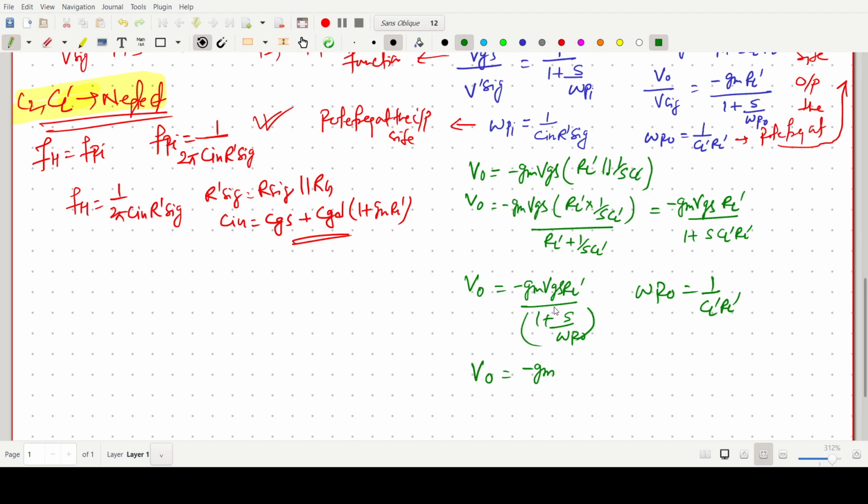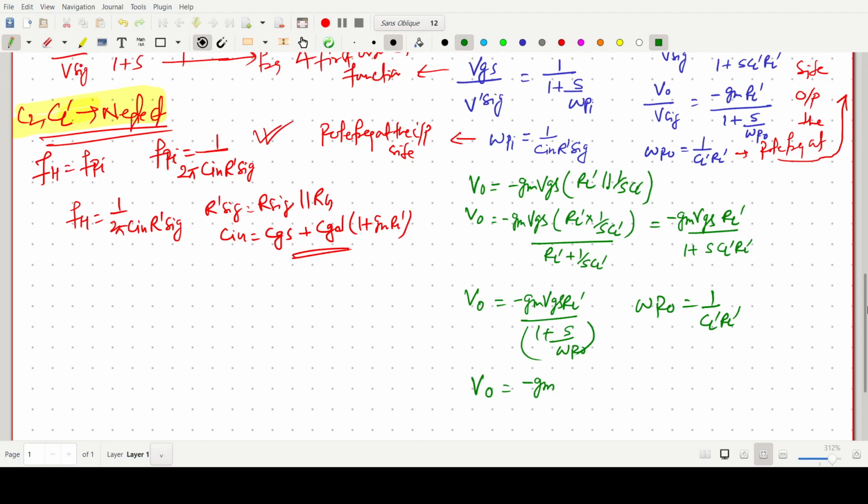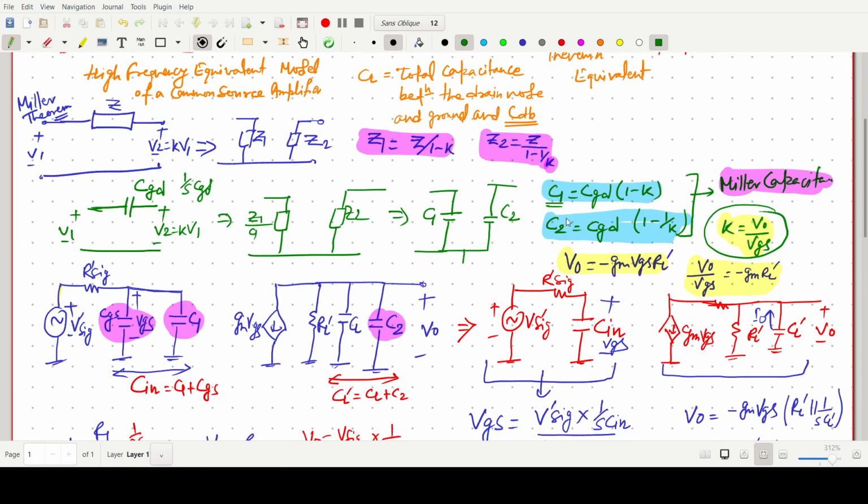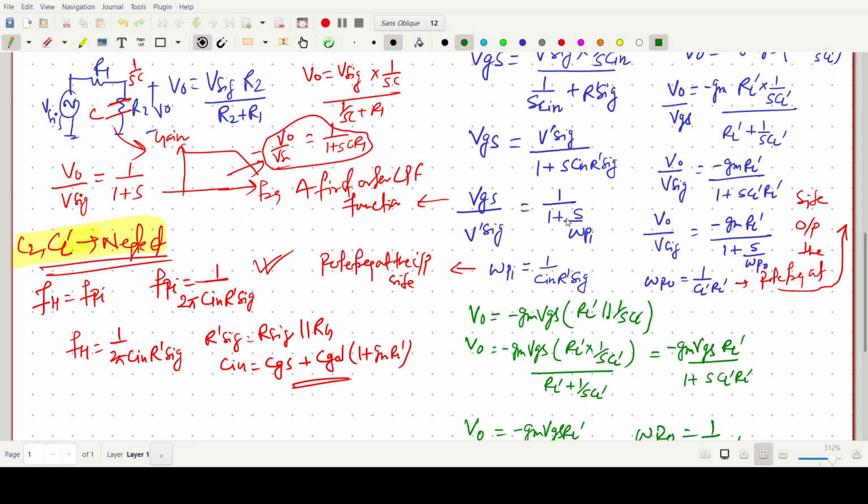VGS value we have already found, in terms of omega pi. VGS is nothing but V dash signal; from here we can write VGS as V dash signal by 1 plus S by omega pi.